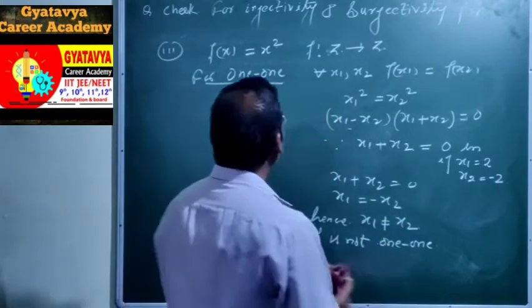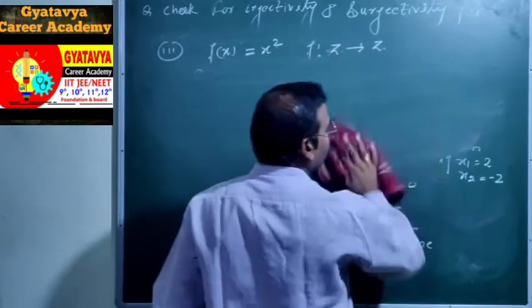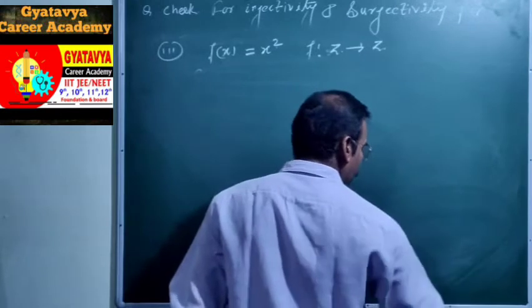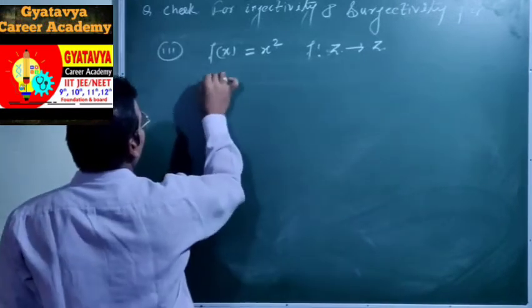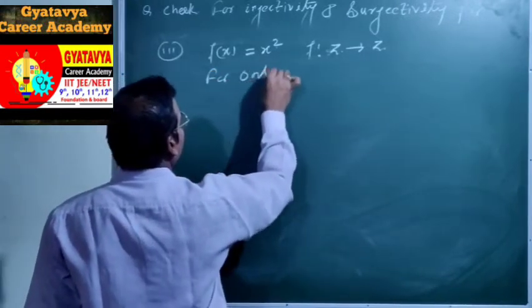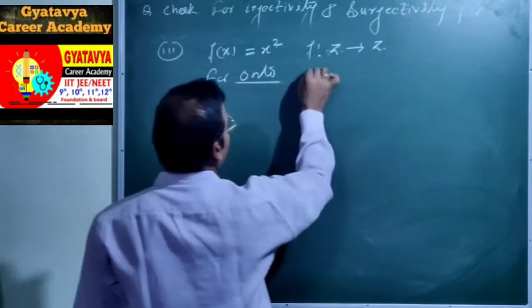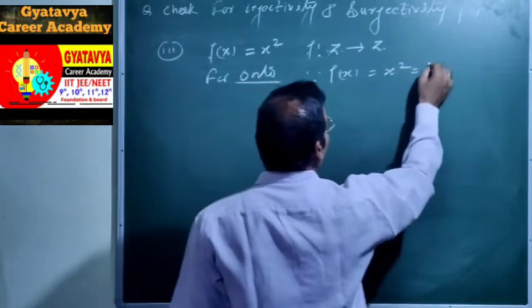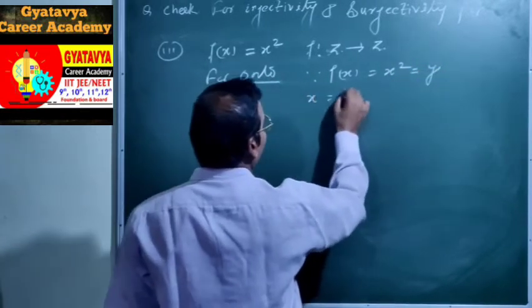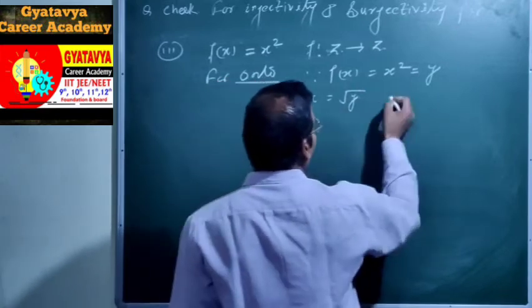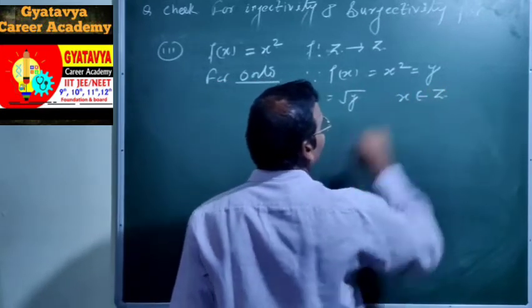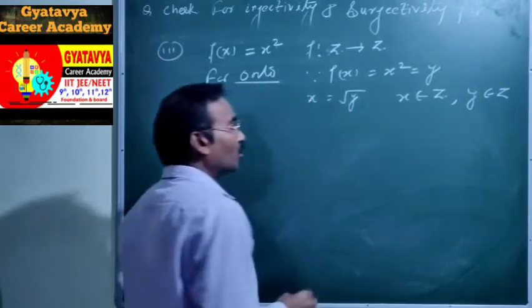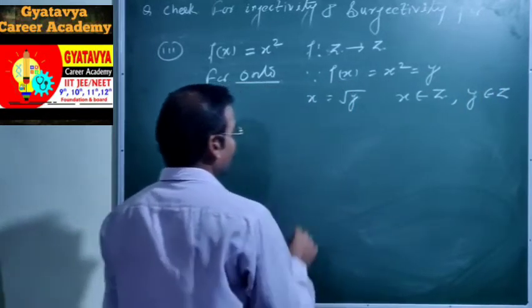The same procedure for the onto. Since f(x) equal to x square, this is equal to y. Now x equal to root of y, here x belongs to Z and y belongs to Z. Codomain and domain are also from the set of integers.